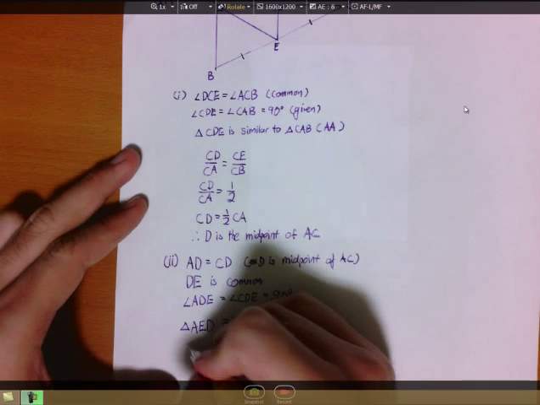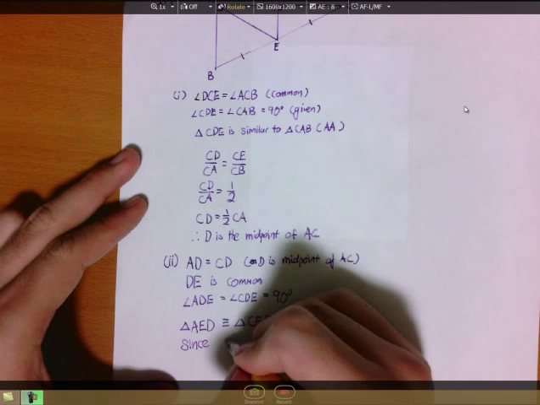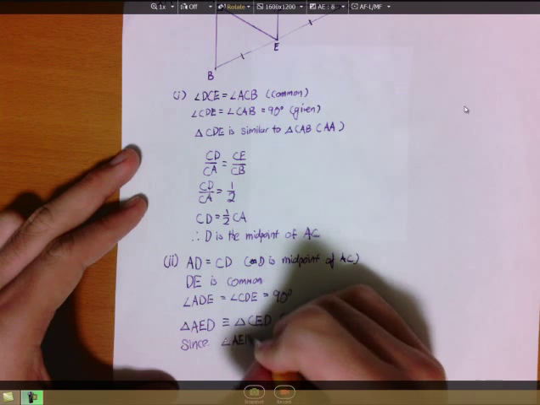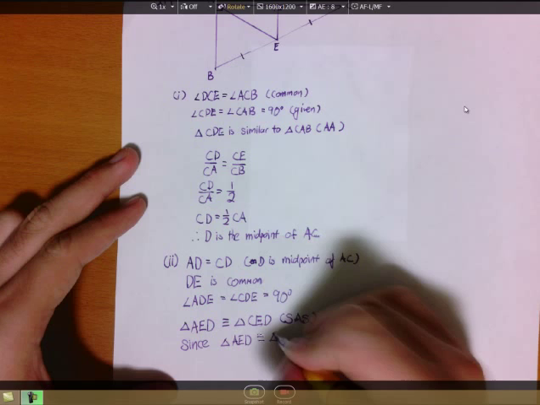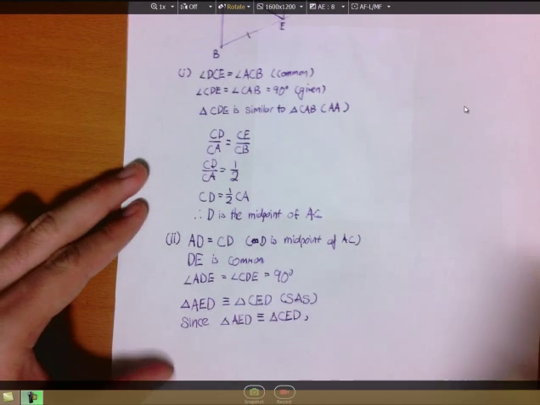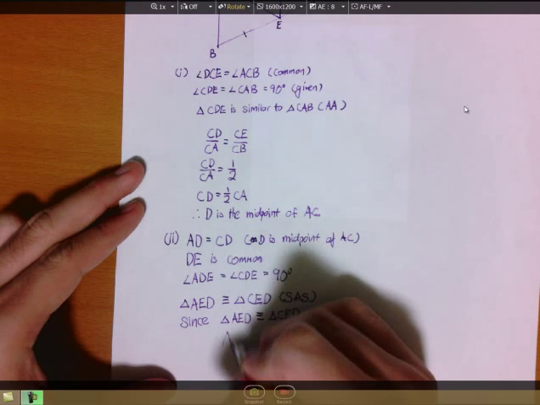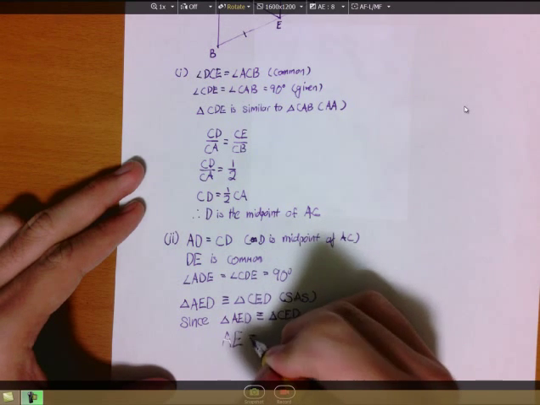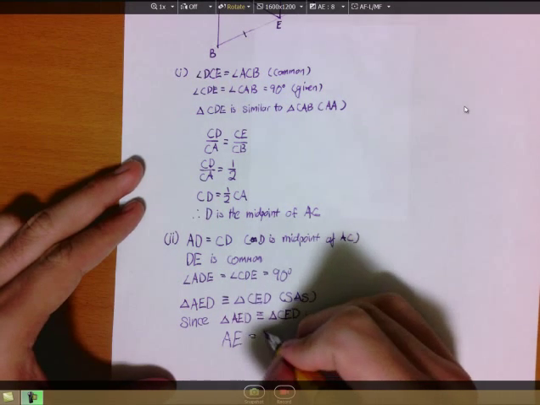Then, since triangle AED is congruent to triangle CED, I will therefore know that the length of AE is equal to the length of CE.